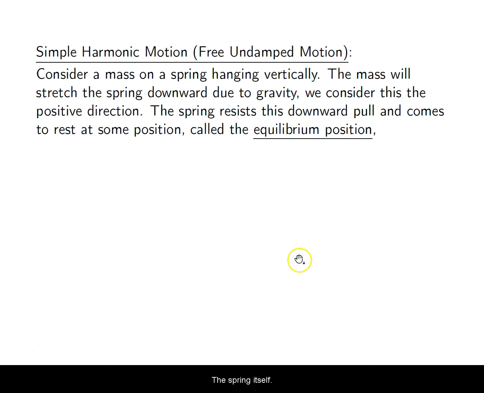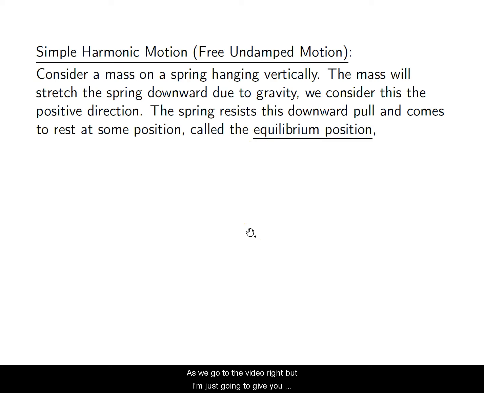The spring itself has an inherent property called the spring constant, which will act in the opposite direction, pulling upwards, and the spring force and the force due to gravity with the mass will equal out and bring us to an equilibrium point that we call the equilibrium position, okay? So we're going to flesh that out a little bit better as we go through this video, right?